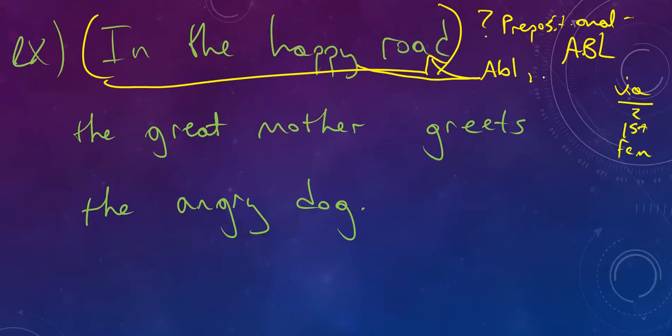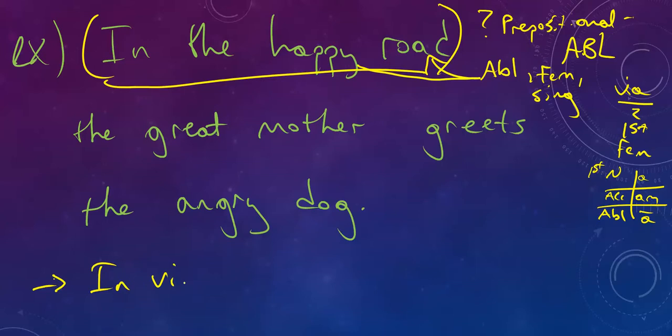So that means that happy and road are both going to be feminine. We only know singular, so that's what we have. So if I think, what is the ablative ending in that first declension chart? It's an A with a line over it.